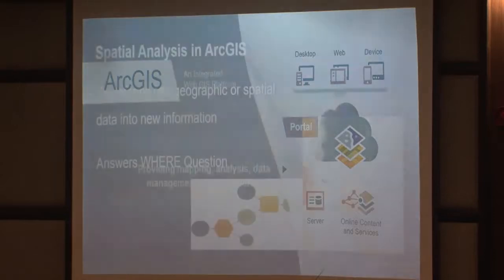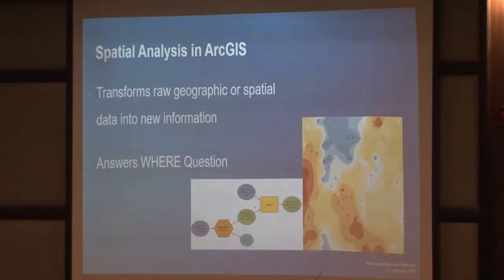So what is spatial analysis? We all know that GIS generally is a tool that we use to make informed decisions. For you to be able to make these informed decisions, you need to process the raw data so that you get an output that you can actually use.